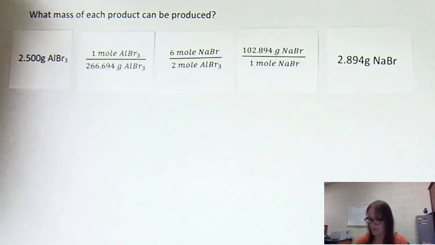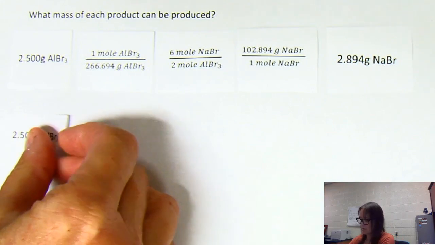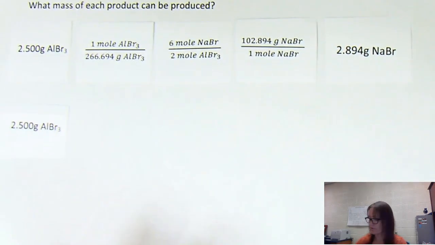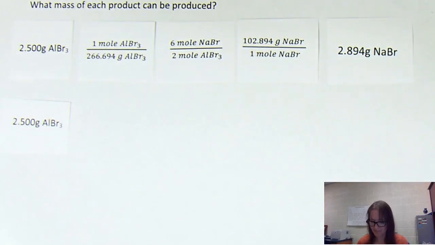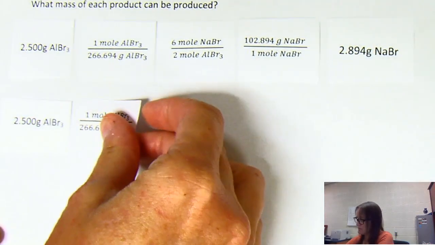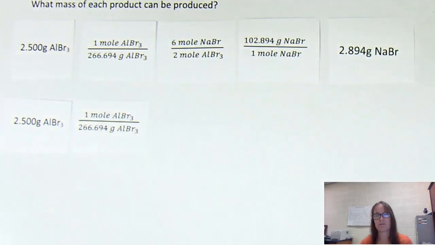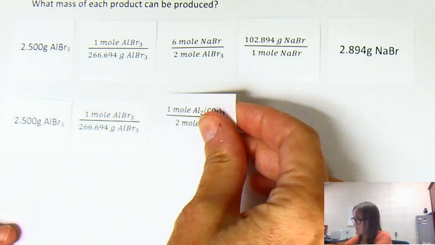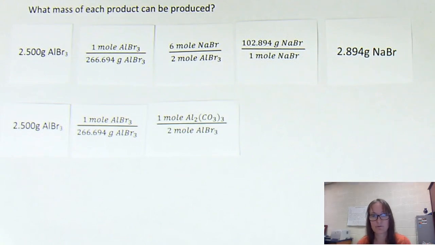You do the same calculation to figure out the mass of the aluminum carbonate. Starting with our 2.500 grams of the aluminum bromide, you have to get it in terms of moles so that you can see the mole-to-mole ratio between the aluminum bromide and the aluminum carbonate. The coefficient for aluminum carbonate is a 1. The coefficient for the aluminum bromide is 2.